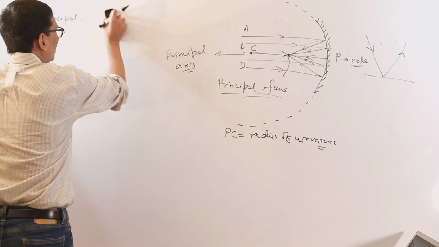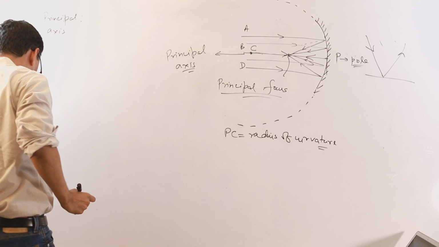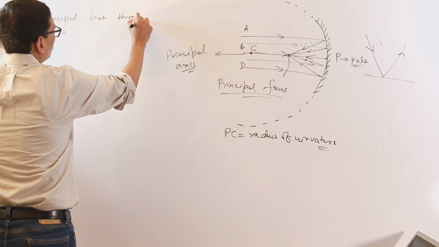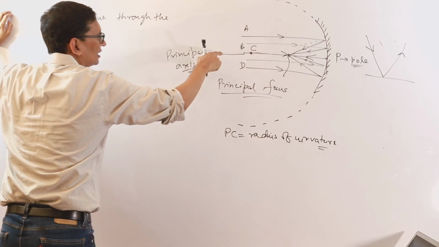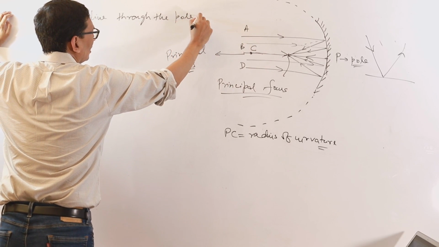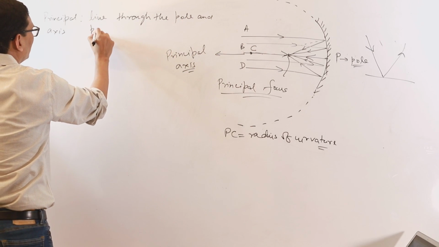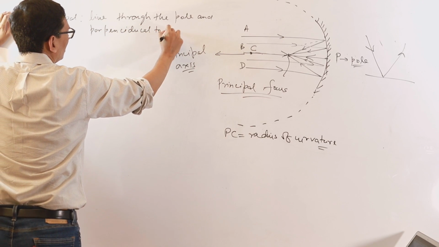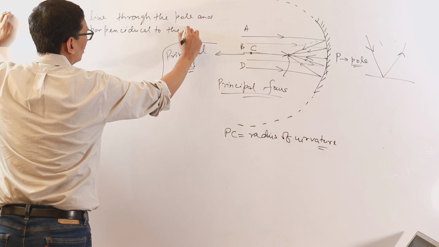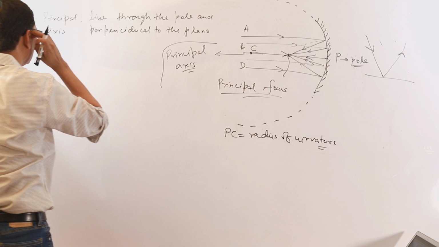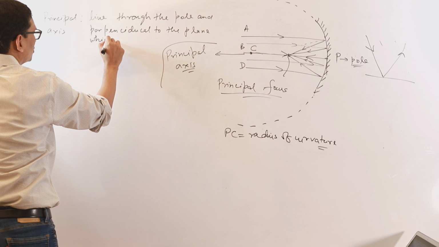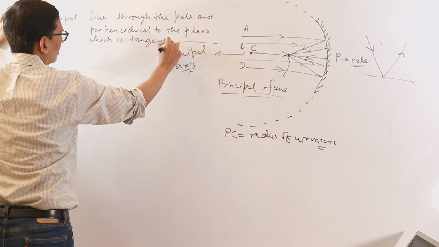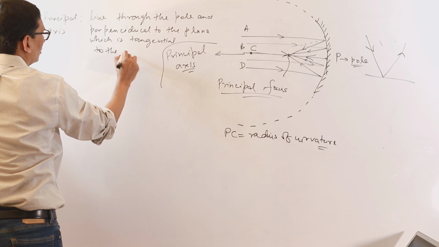Don't take notes now, I'll tell you when to take notes. Okay. Line through the pole, right? This line is going through the pole and perpendicular to the plane which is tangential to the pole.